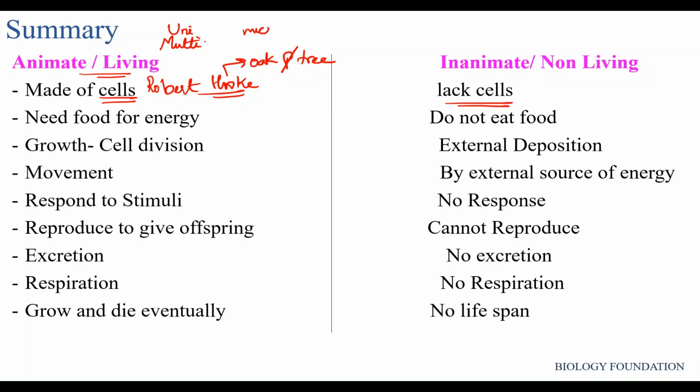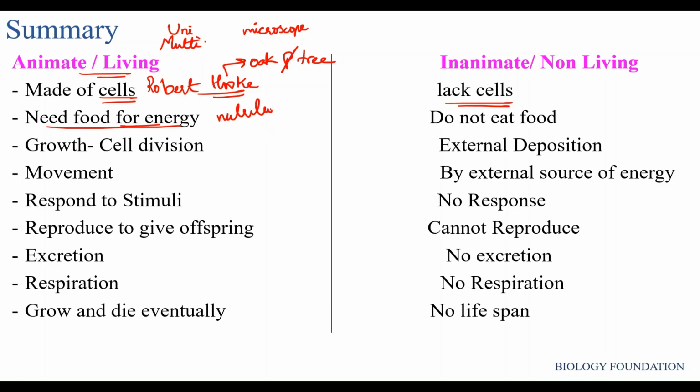And I have also discussed the two experiments that can be done to observe plant cells using an onion peel, or animal cells using human cheek scrapings. That's what we have seen, right? Now, the second difference is they need food for energy, right? We show the process of nutrition.